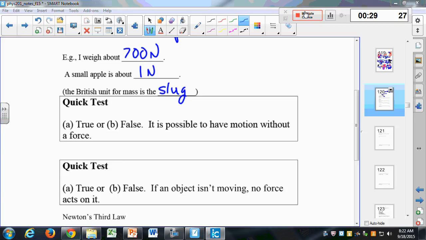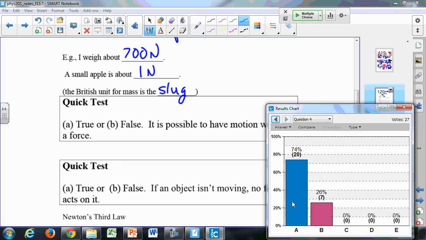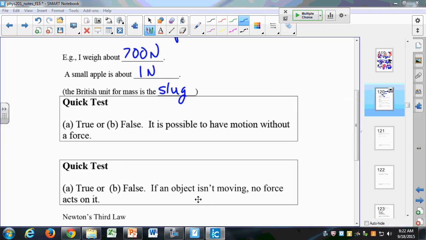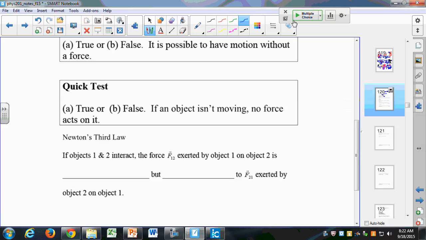That is true, right? Newton's first law. If an object isn't moving, then no force acts upon it. Is that necessarily true or a false statement? If an object isn't moving, a stationary object has no forces acting upon it.